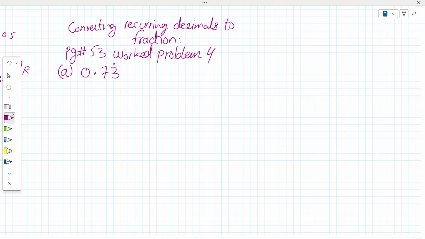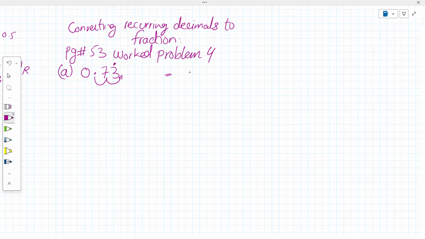Now, there is one important thing you have to keep in mind: you have to move this decimal place to the place where this recurring decimal is out from the decimal.